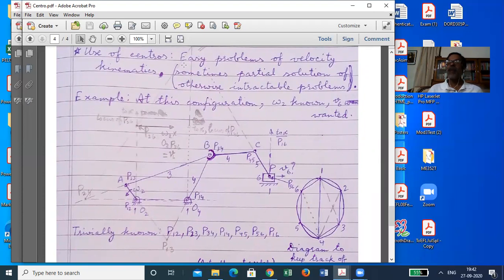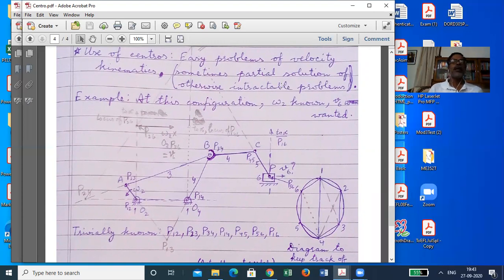But sometimes it happens that picking up some partial information about the solution from the consideration of centroids, by following this method and using the Aronhold-Kennedy theorem, you can supply vital information for the actual method. So that is this. Sometimes partial solution of otherwise intractable problems, and armed with this additional internal information about the solution, the other method can sometimes go ahead quite happily.